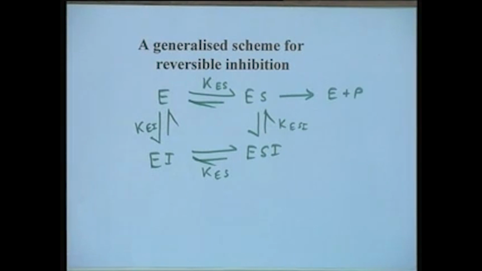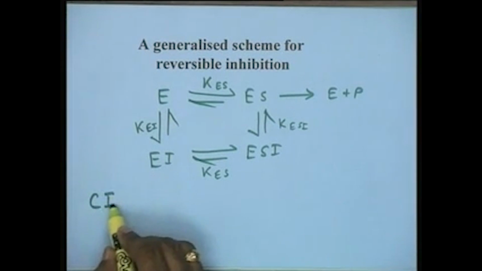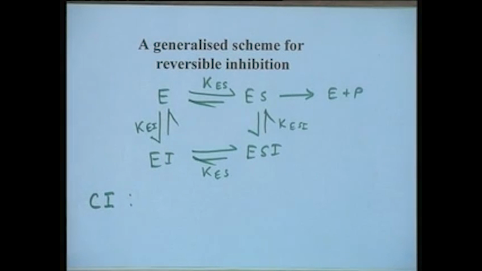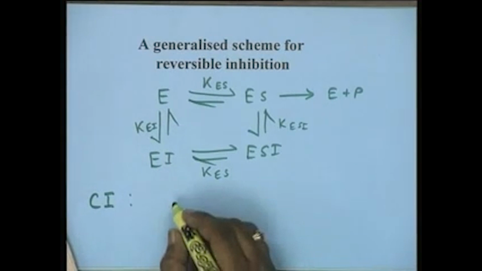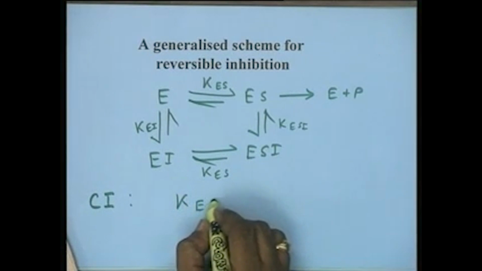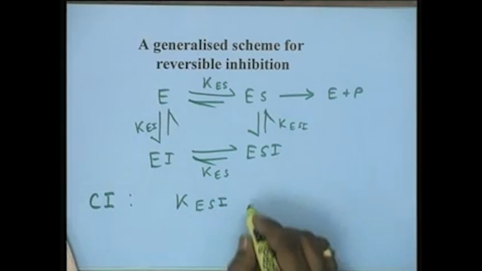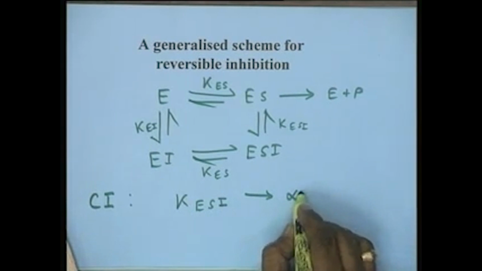Now, in the three different cases that we talked about for the type of inhibition, in the case of a competitive inhibition, what will be the magnitude of the respective KESI? It will tend to infinity.